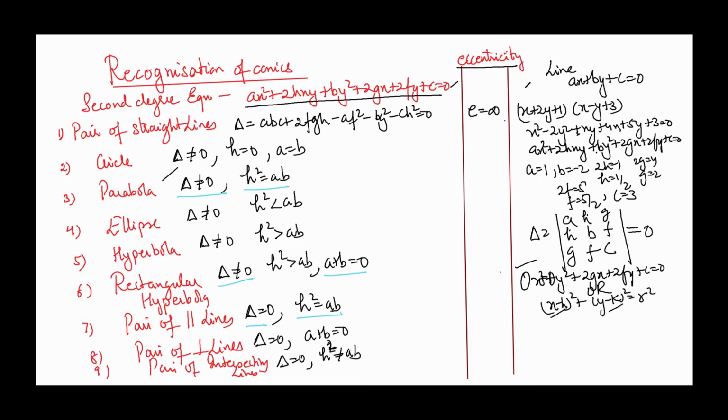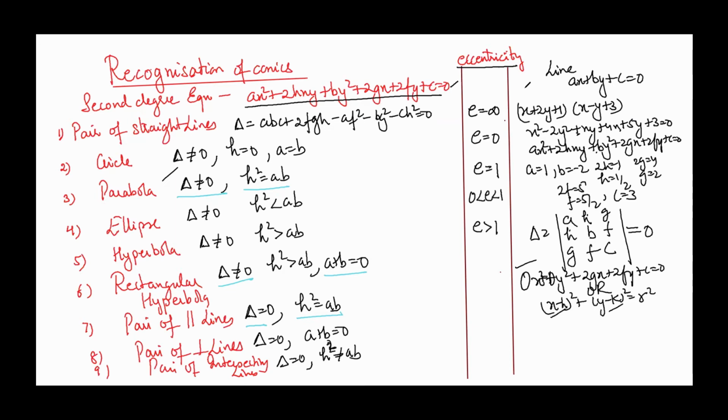For circle, eccentricity is 0. For parabola, eccentricity is 1. For ellipse, eccentricity lies between 0 and 1, that is less than 1 but always positive. If eccentricity is less than 1 for ellipse, then for hyperbola we just reverse the sign, e is greater than 1.